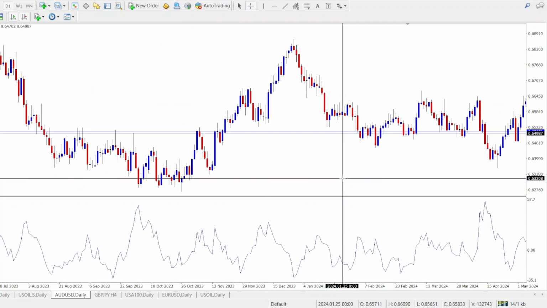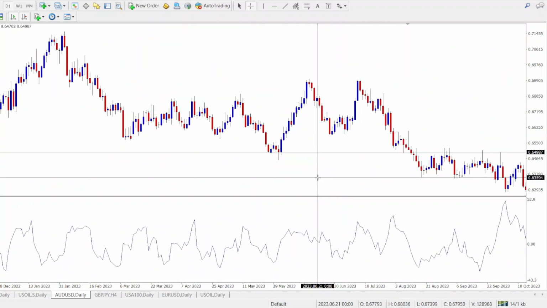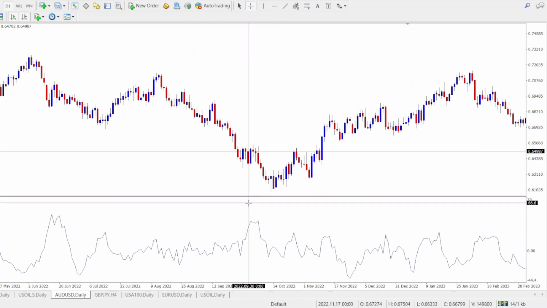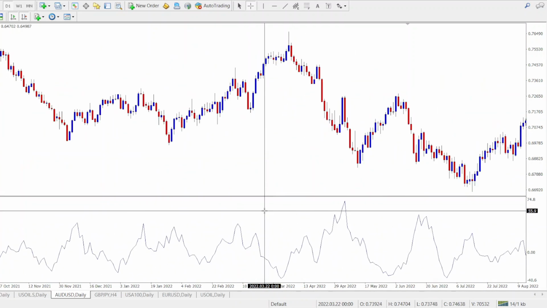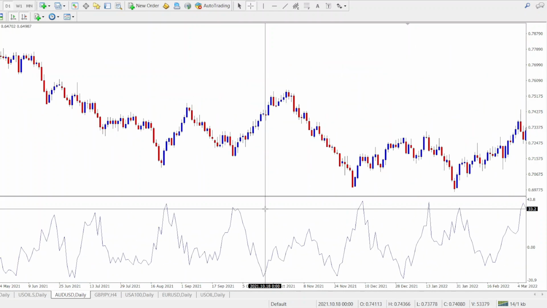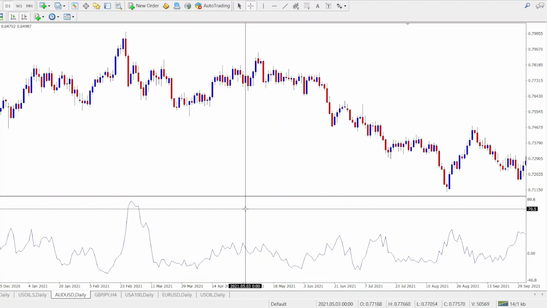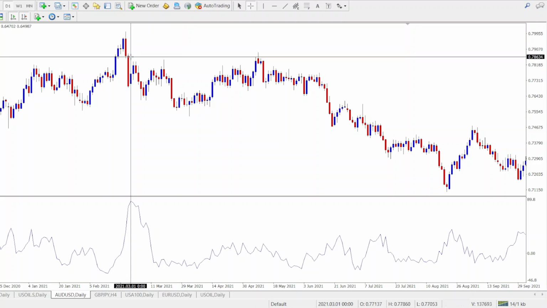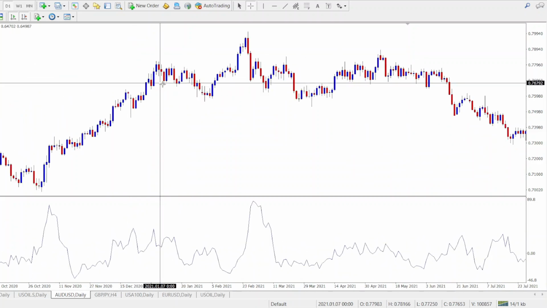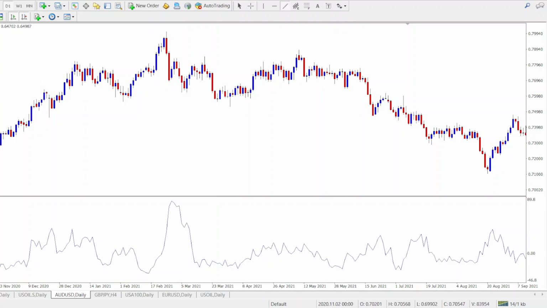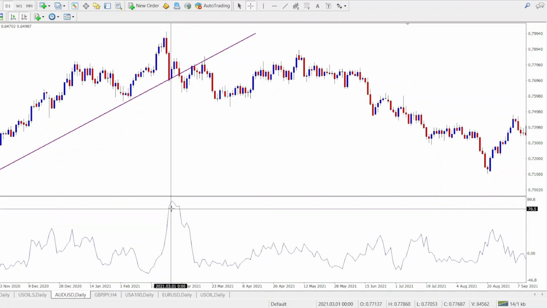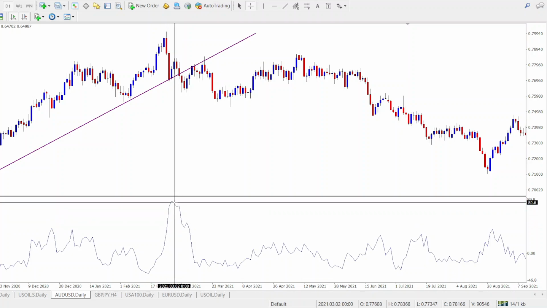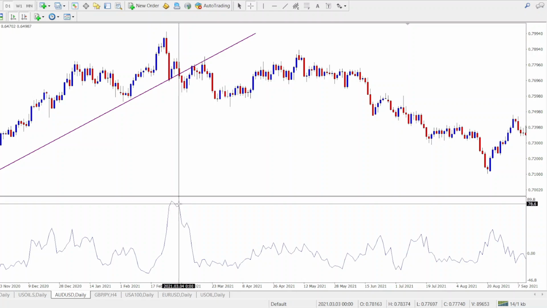On the other hand, if it was a bullish move that was prevailing, for example, here we can see that there was a prevalent bullish move. Then we can see that the Chaikin volatility indicator also rose to the top and began to cross downwards.